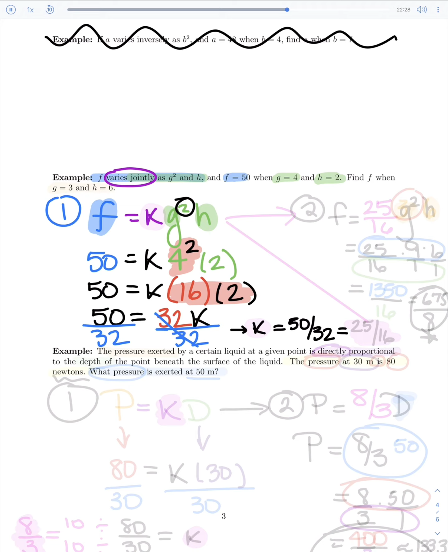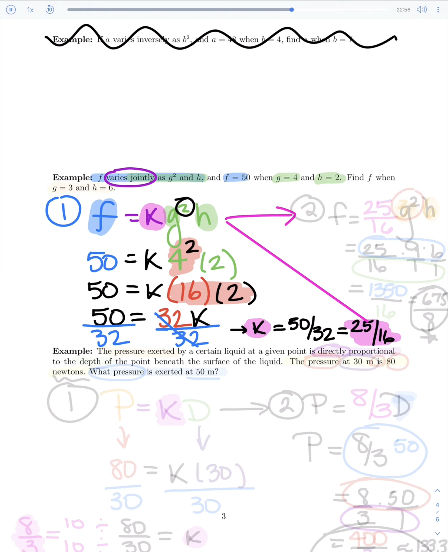So if I reduce both by 2, that will get me a reduced fraction of 25 over 16. That's my value for K. Question is, what do I do with it? I need to go back to the original and plug in my K. So let's take that K, back up to the original, plug it in, and let's see what we get.